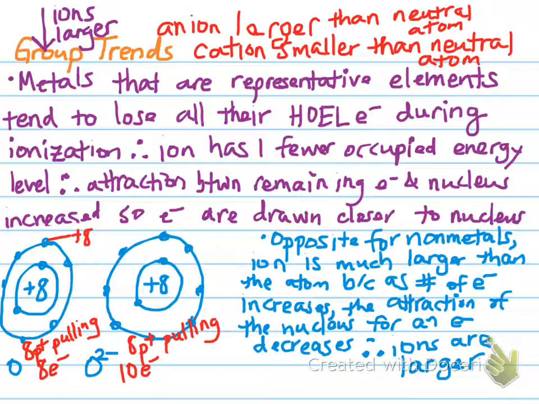A lithium ion has 2 electrons like helium. A sodium ion has 10 electrons like neon. It still has another layer of electrons when it forms its ion, which makes a sodium ion larger than a lithium ion. The same thing is true with fluorine and chlorine and the nonmetals. We still have more electron shells filled with electrons. So ions are larger as we go down a group.